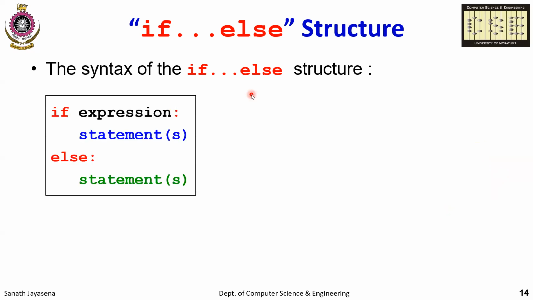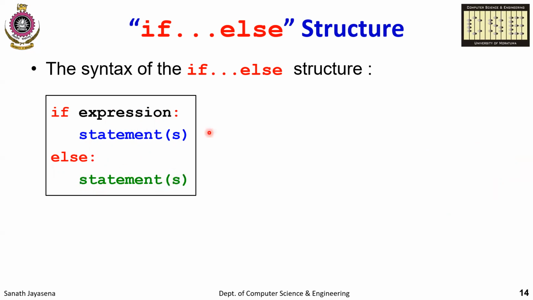So here is the if-else structure in Python. You have if, expression, statements like before, which we saw already. And additionally, we now have else and a colon. You can see the two dots here: if expression colon is here, else colon, and a set of statements here, indented.